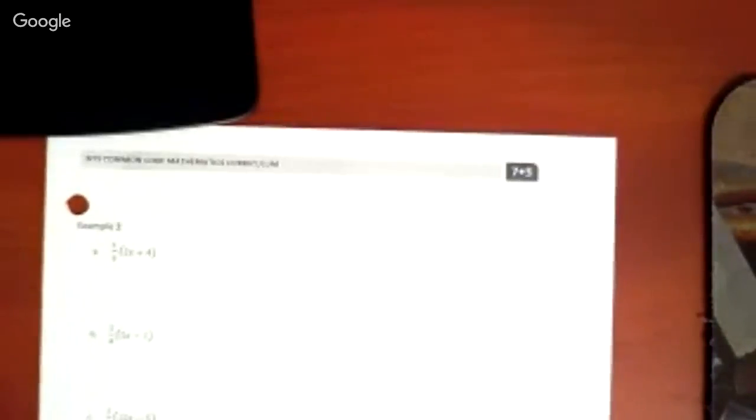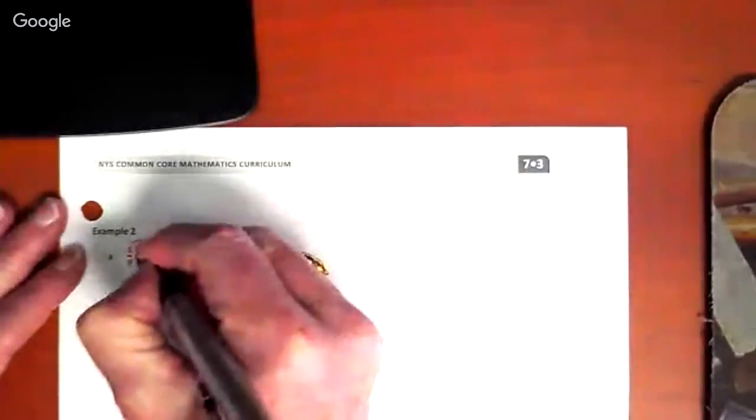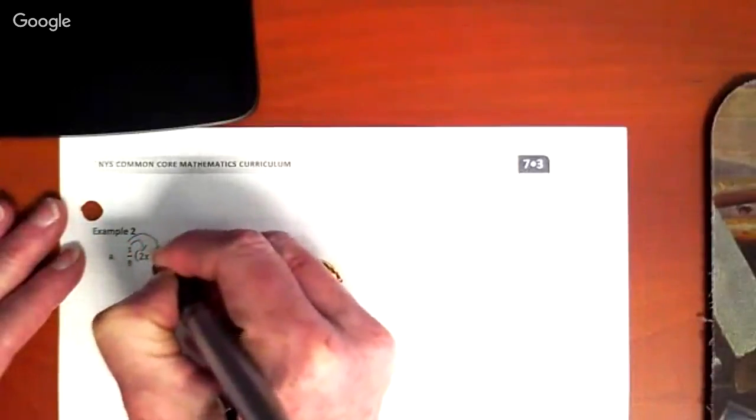Next, we have 1/8 times 2x plus 4. So here we are going to use our distributive property.